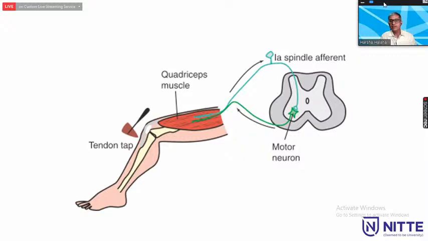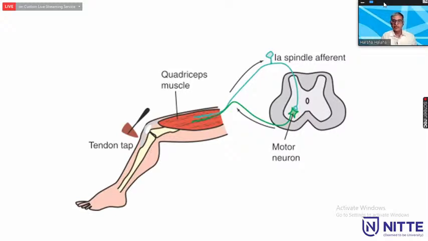This information about the stretch of the muscle is conveyed into the spinal cord through a single neuron, the 1A spinal afferent neuron, which forms a direct connection with the alpha motor neuron, which in turn sends out an axon through the anterior root and through a nerve, and activates the muscle fibers of the quadriceps muscle to bring about contraction. So look at this extremely simple neural network.